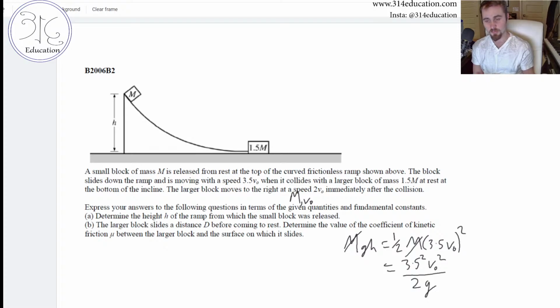We could simplify that if we wanted to, but I don't really want to, so I'm not going to. Again, you don't lose points for not simplifying, but you do lose points for simplifying incorrectly. So most of the time, it's not worth the risk. The only time that you are expected to simplify is if they ask you to show a value.